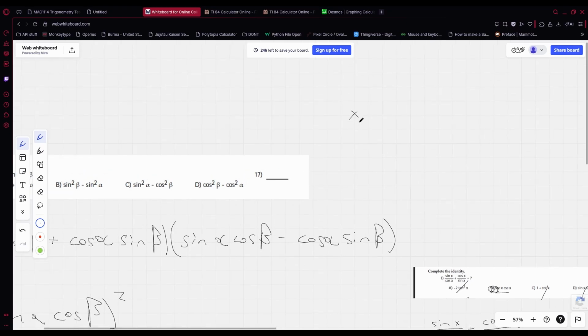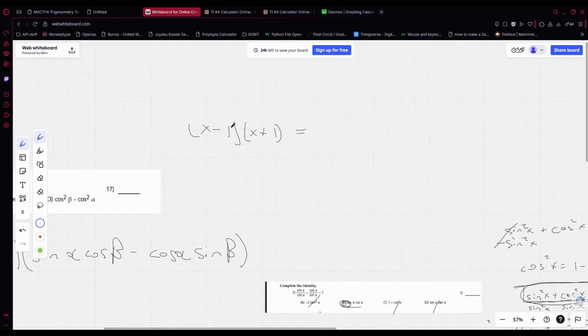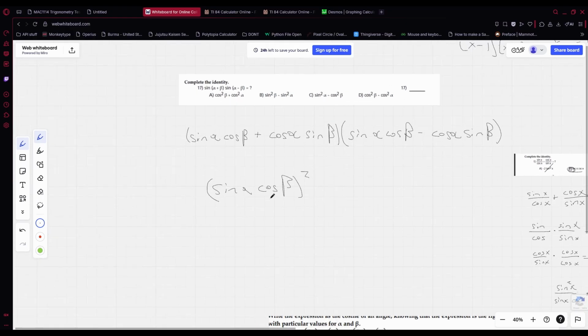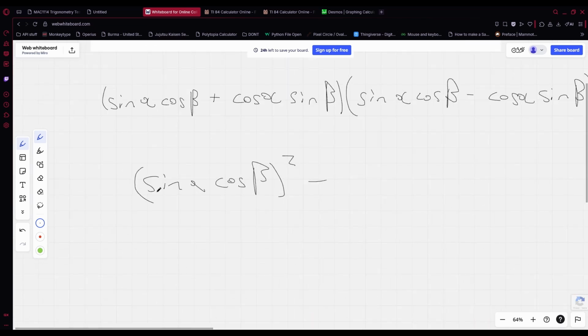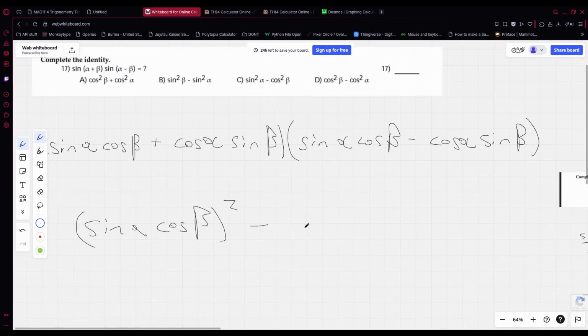Because if you have x minus 1 times x plus 1, you end up with x squared plus x minus x. They cancel out, and then minus 1 squared. Same thing here. So sine alpha cosine beta squared, and then minus cosine alpha sine beta squared.